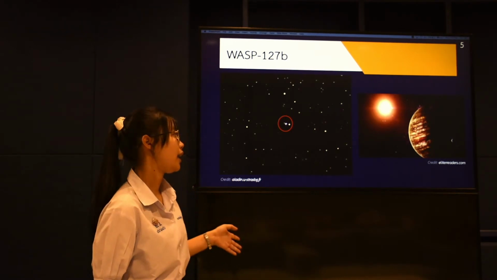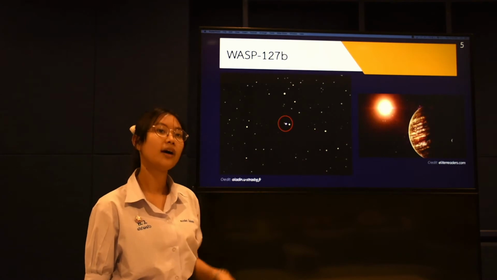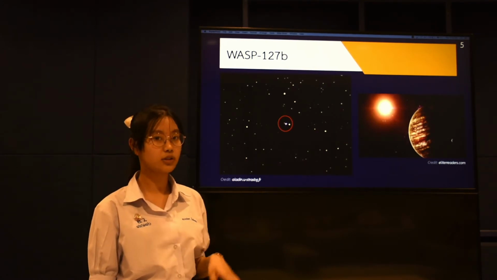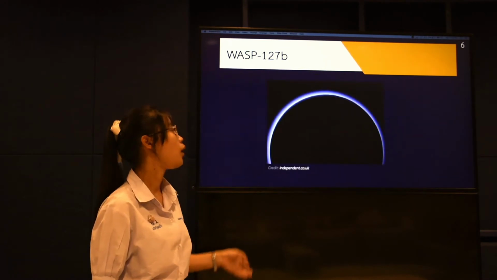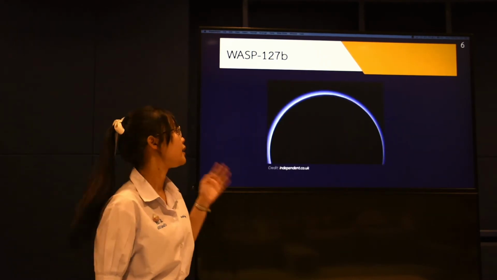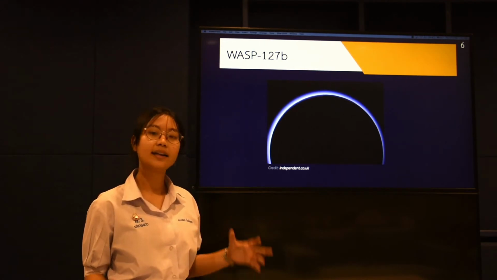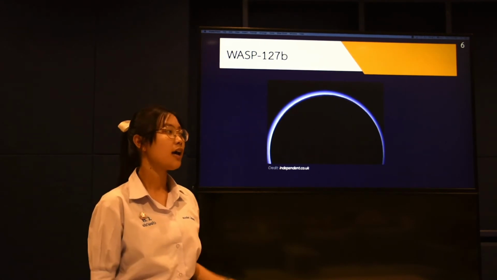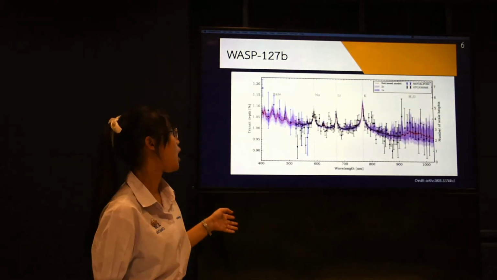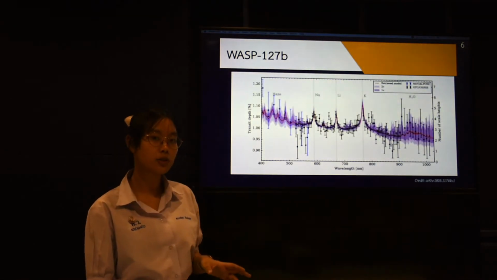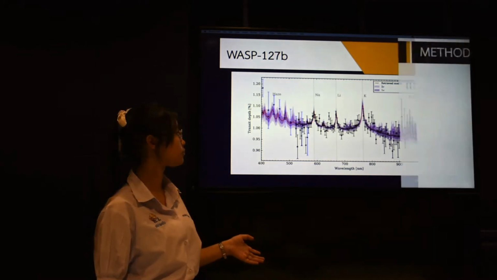So this planet is one of the lowest density planets that we have discovered to date. For this reason, this planet will have a very thick atmosphere. And the interesting thing is, if we analyze the atmosphere, we will know about the chemical composition of this planet.